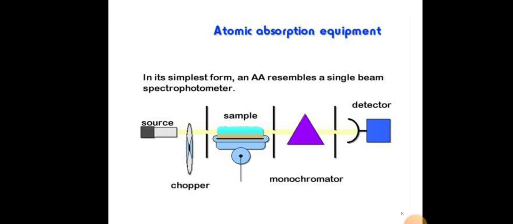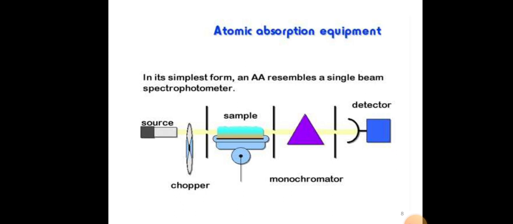You see, a chopper will make the light of the lamp an AC light, alternating current light, but the light of the flame is continuous, it is DC.